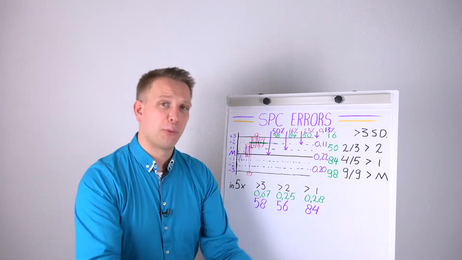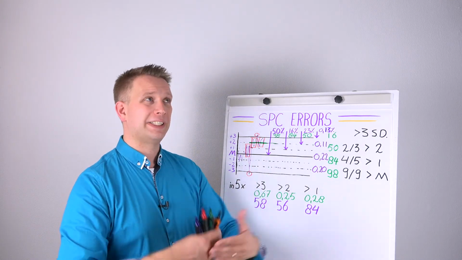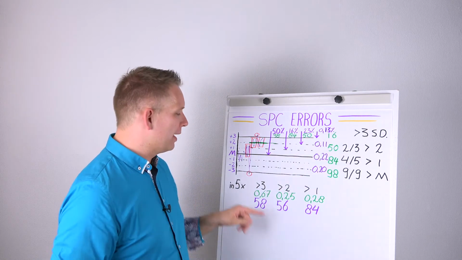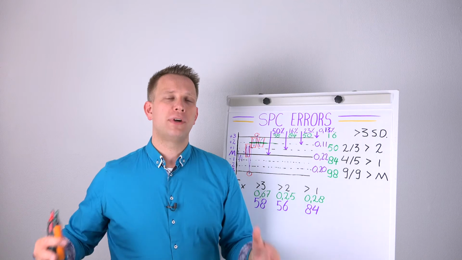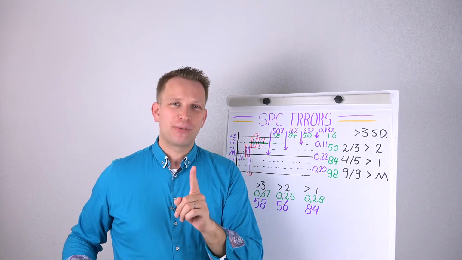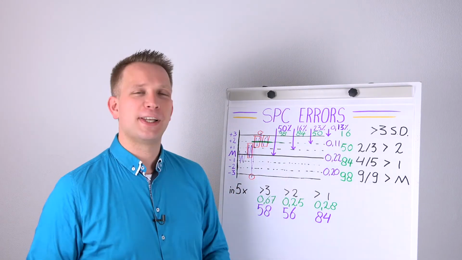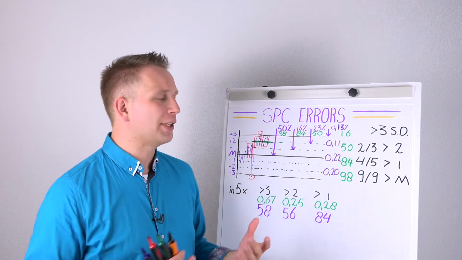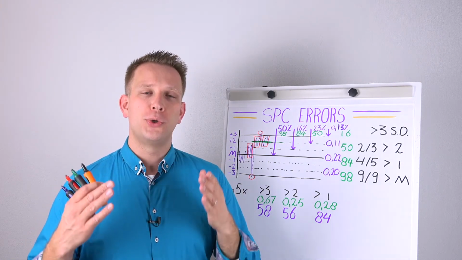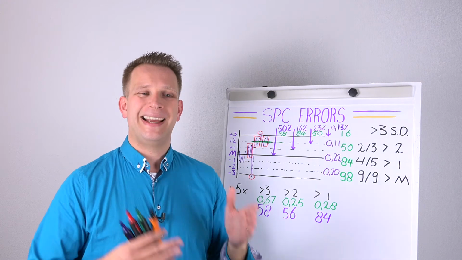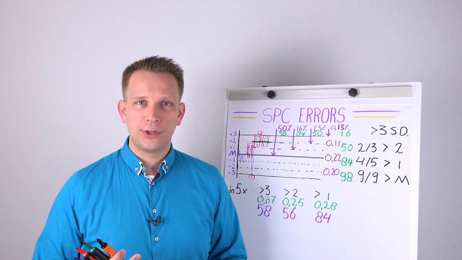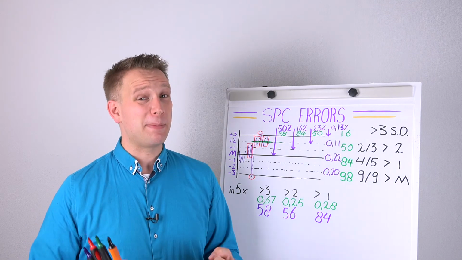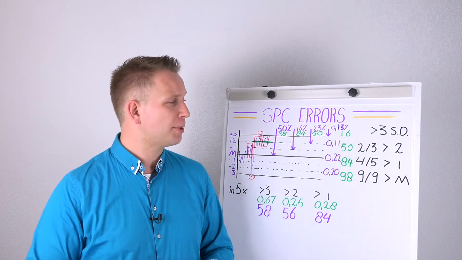But if you compare it to the rest, taking 5 points for all of them, then you see that actually they are better in almost every way, except, of course, that they are slower. So that is one of the things: you want to notice your process shift as soon as you can. You want to get a signal to go check your process and maybe correct it as soon as possible.